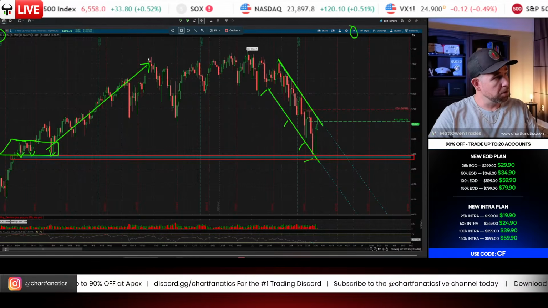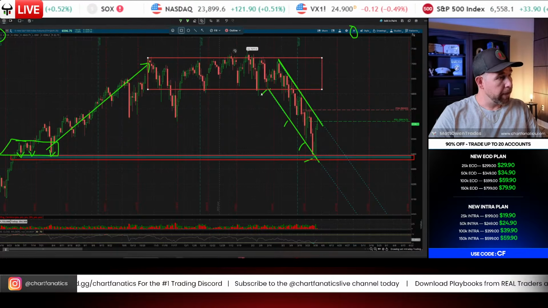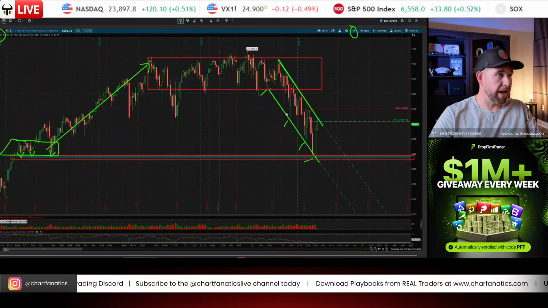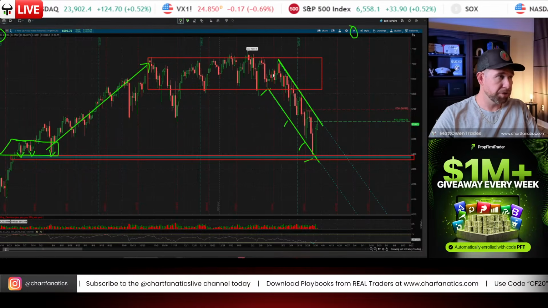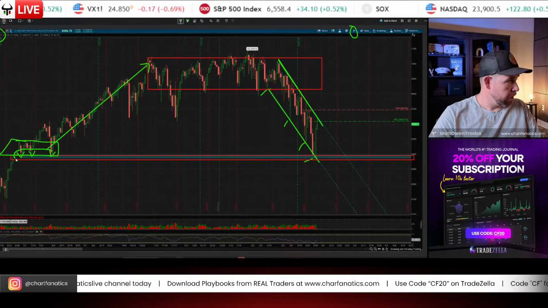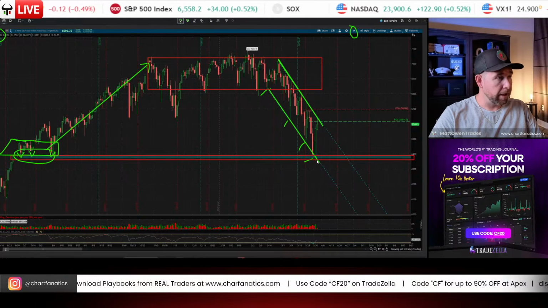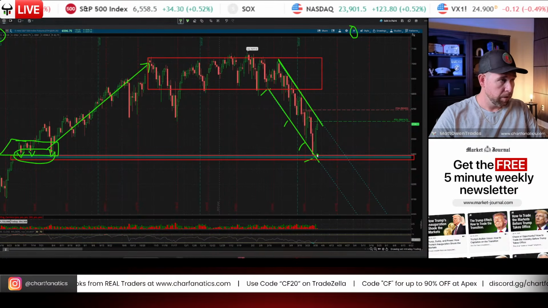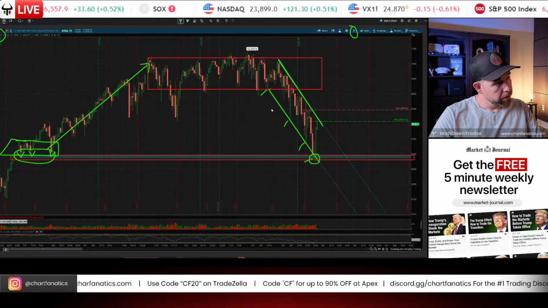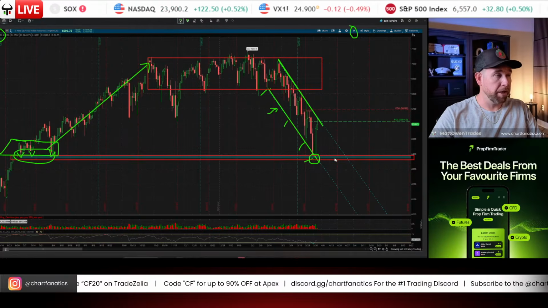Then we went into a multi-month sideways period from November into February. Now we've broken down from that, almost like a controlled demolition in this channel. So this was the last major area of support, and when we tested it, it also coincided with the lows of this channel. Double confluence there as far as context and location.